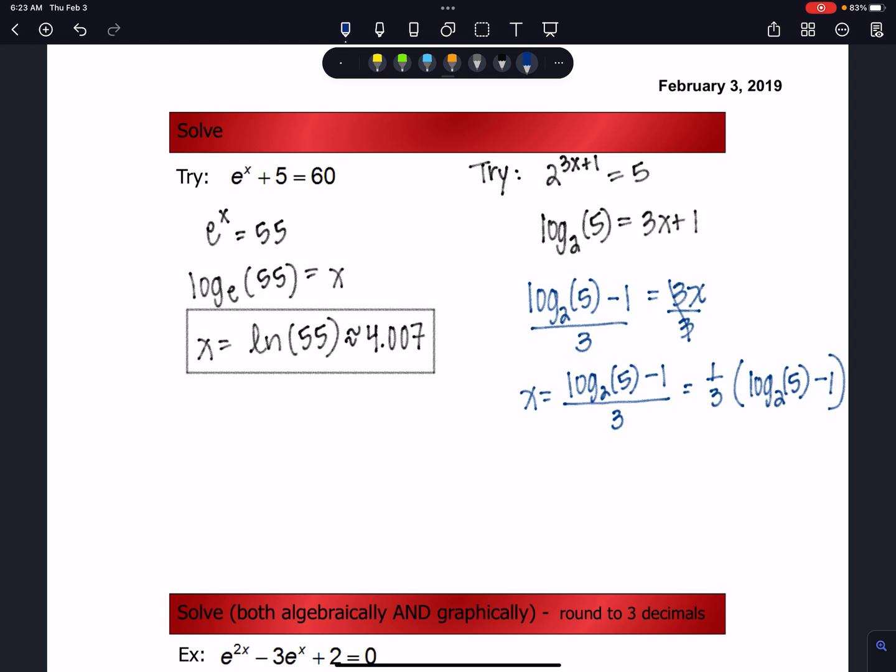And I did not put that in my calculator, but if I did, I would probably have about 1.2 divided by 3. I'm going to quickly put that into my calculator.